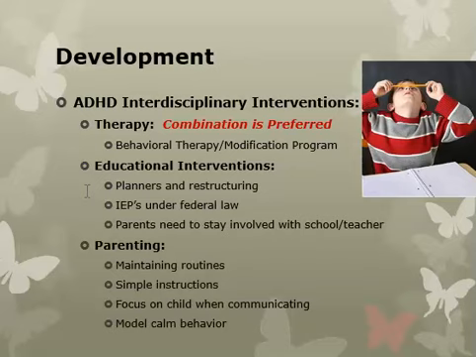You are going to do all these interventions together to help support and make the person more successful. That is what we want to do. All the research shows with a child with ADHD, one therapy, even if it's just one thing, is not as successful as multiple therapies, okay?